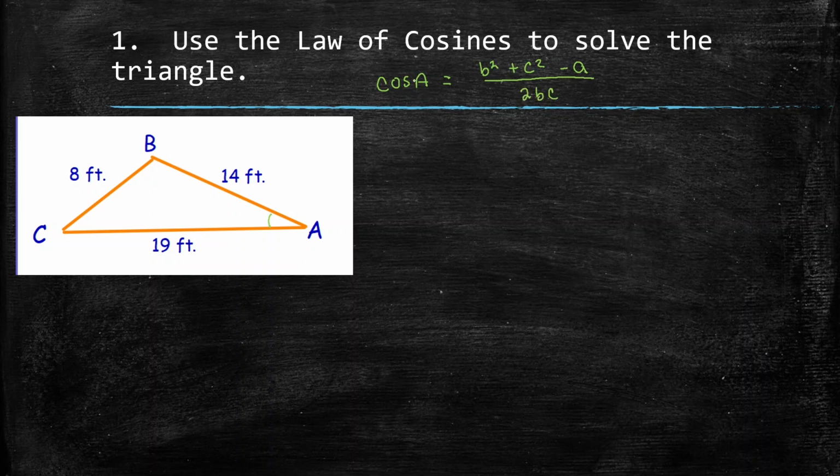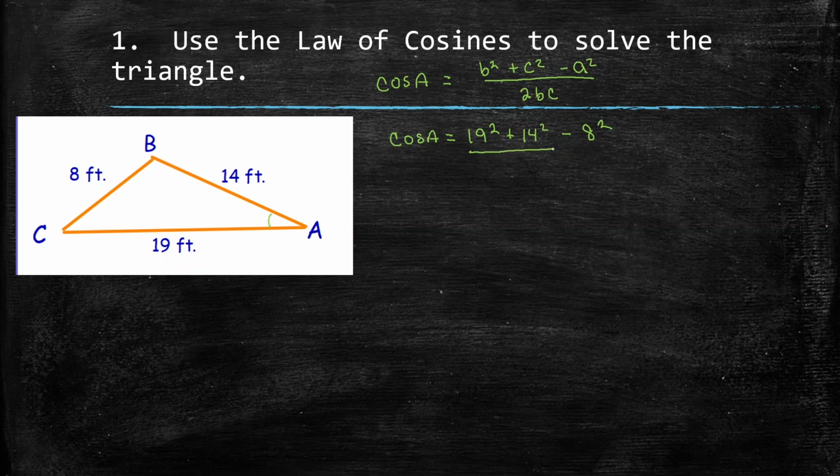So let's plug those values in. So B is 19 and C is 14. So cosine of A equals 19 squared plus 14 squared minus, oh, this should be squared. A squared is 10, no, 8. So minus 8 squared.